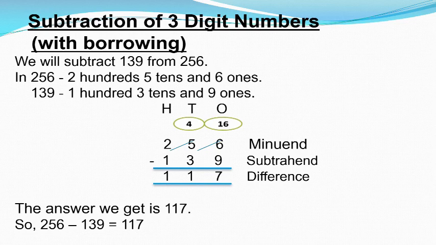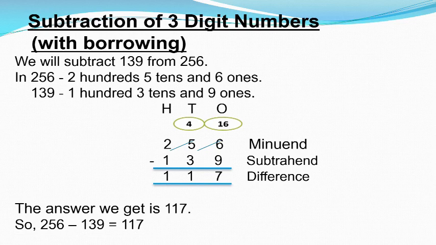So, 5 tens minus 1 tens is equal to 4 tens and 6 plus 10 is equal to 16. Now, this 6 becomes 16. Now, we can subtract 9 from 16. 16 minus 9 is equal to 7.